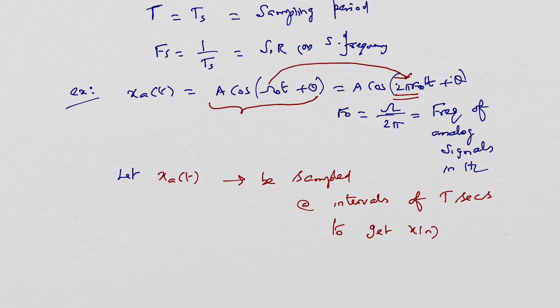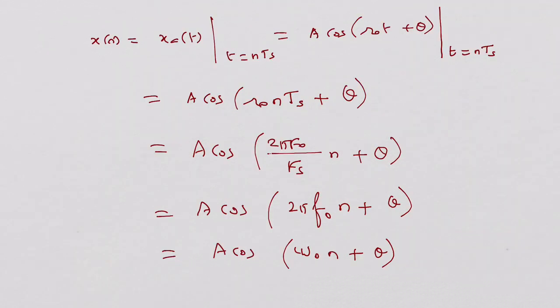We all know that f naught is called the analog frequency, which is obtained from omega naught divided by 2 pi, in terms of hertz, kilohertz or megahertz. Xa of t is sampled at intervals of T seconds to generate a sequence of samples. Now, let us see. T is replaced by n into Ts.